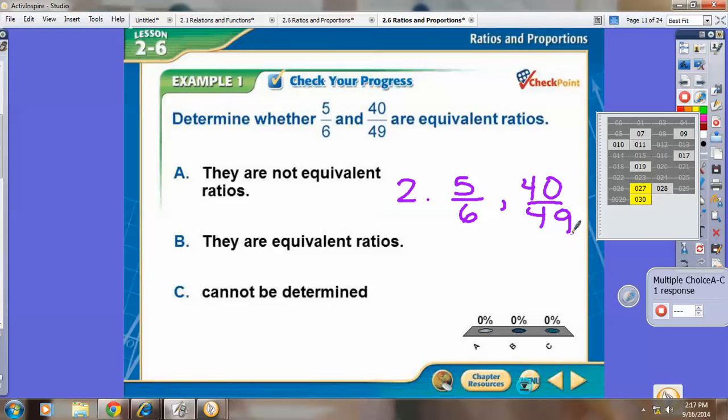Let us do it. Again, once you make your determination whether they are equivalent or not, submit it on your clicker. Make sure you hit send.